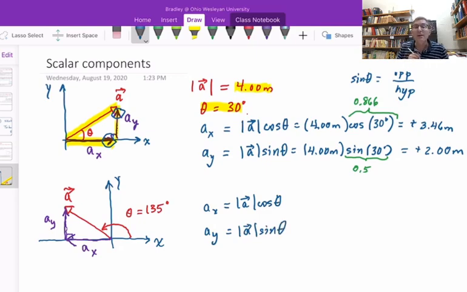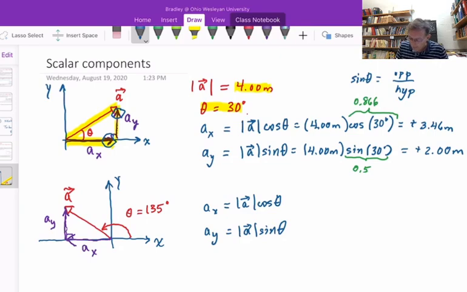You can always do that to find A_x and A_y. Magnitude A cosine theta, magnitude A sine theta for A_x and A_y, respectively. But beware, I warn you, that if you use that approach, the theta has to be measured from plus x, like I'm doing in this picture you see right now. Okay? It must be measured from plus x.